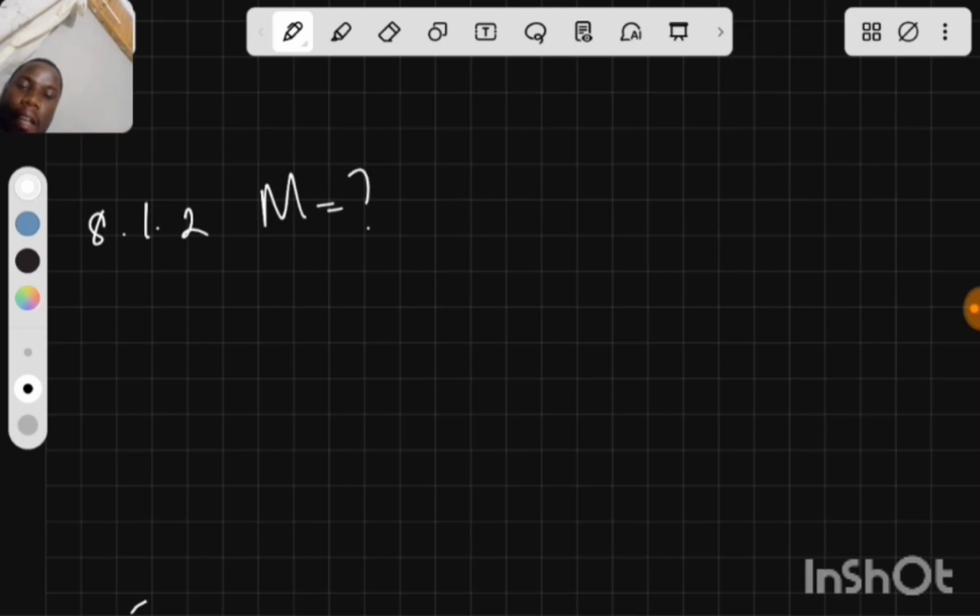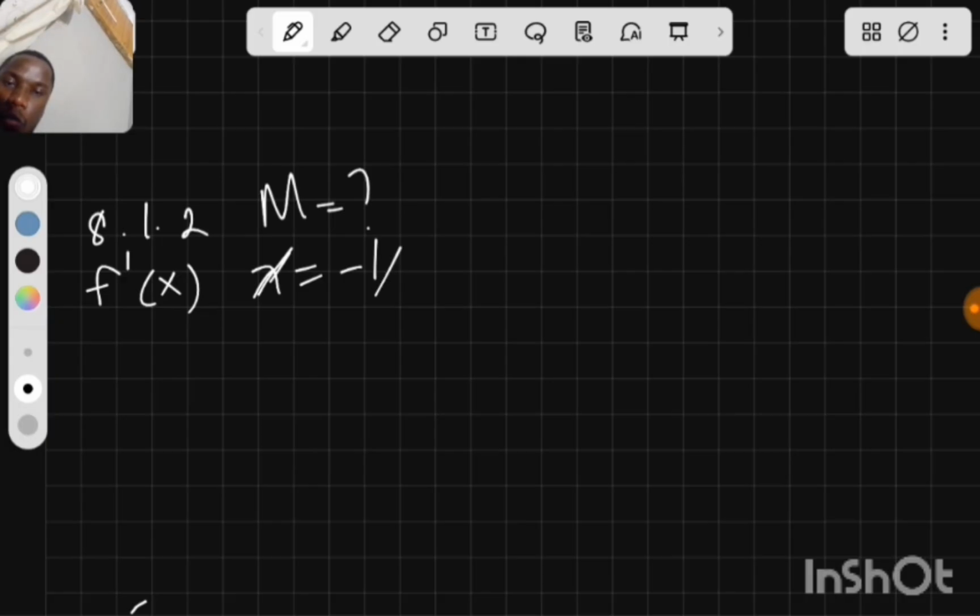When calculating the gradient, always in calculus, make sure you have the derivative of the graph. They want the gradient of the tangent at f, if x is equal to minus 1 over 2.